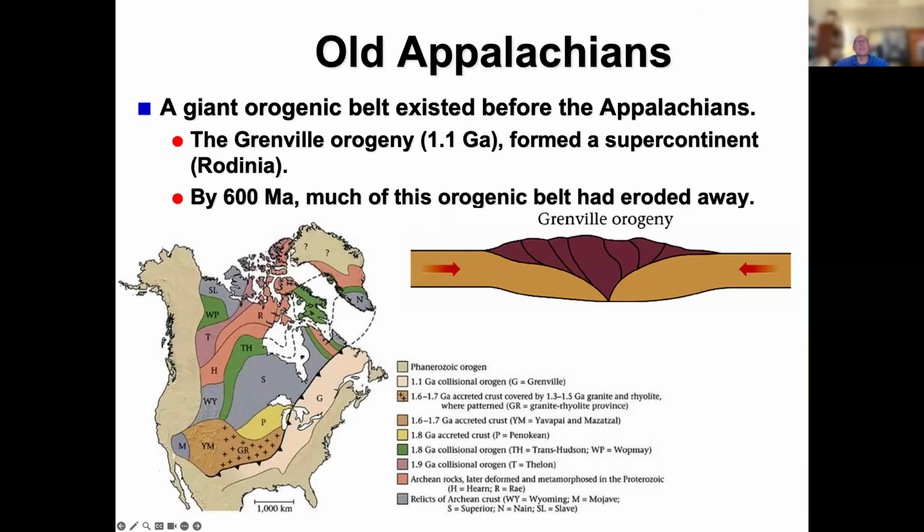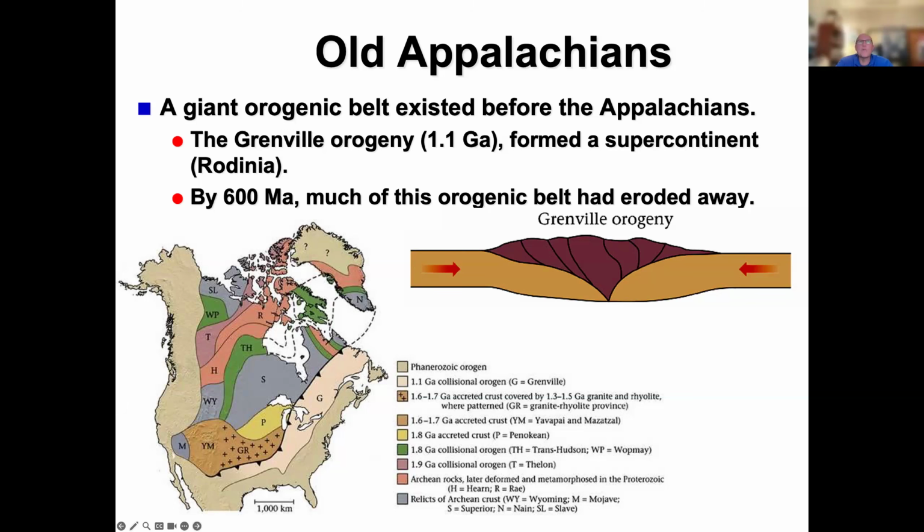All right, let's start with the oldest rocks that we have, okay? There have been a bunch of different supercontinents. I don't know them all. But in our part of the realm, the oldest kind of supercontinent we have would be one called Rodinia.